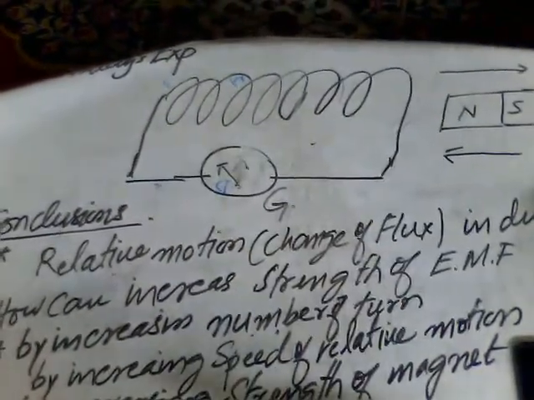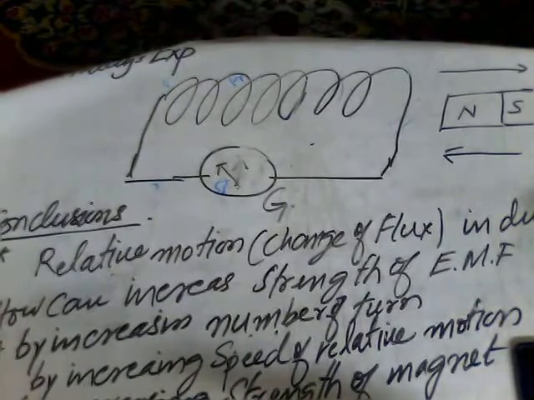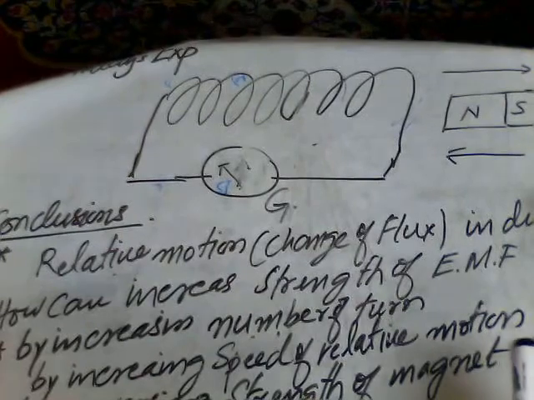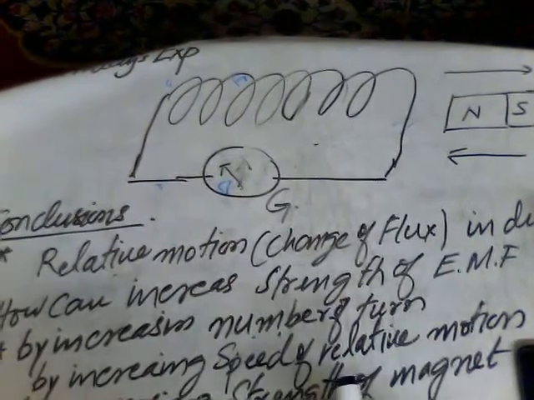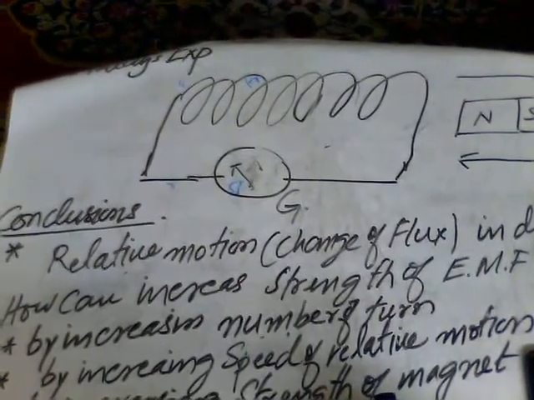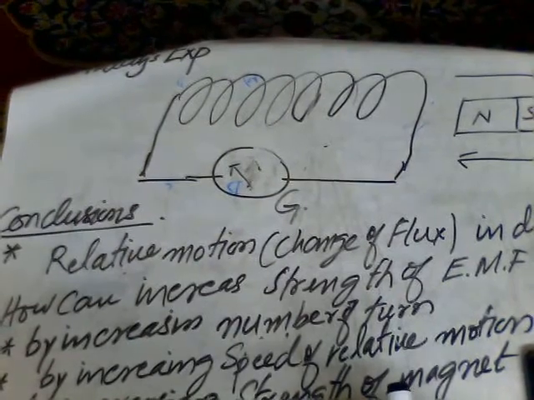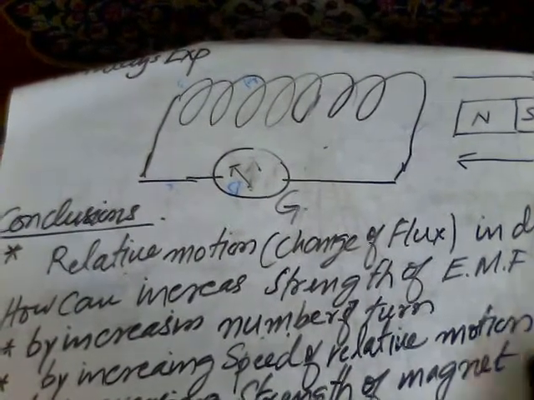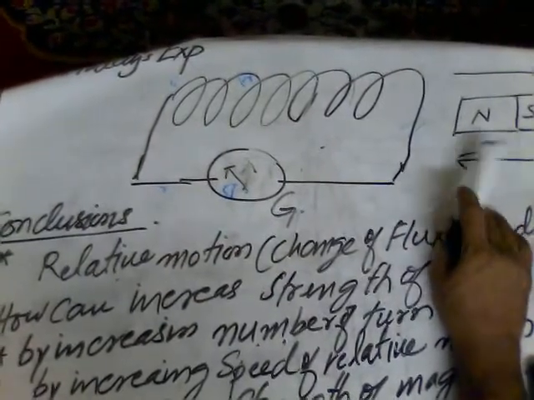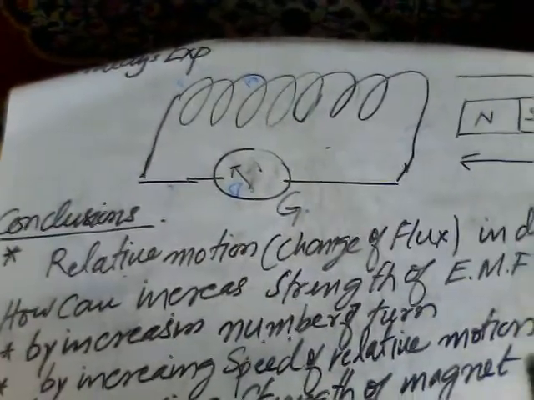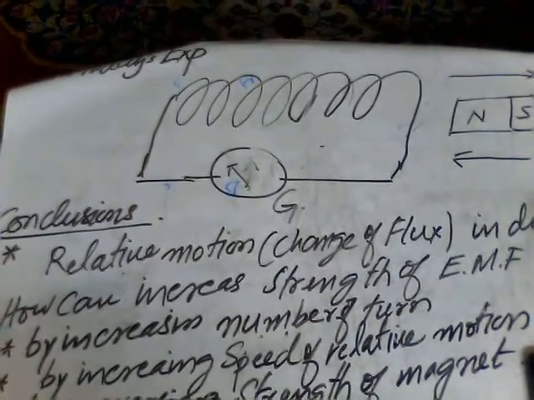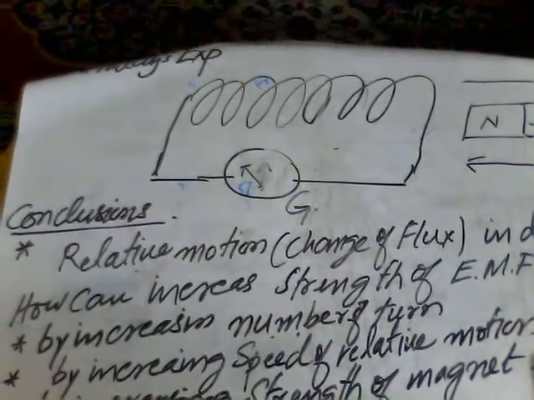By increasing the speed of relative motion of the magnet or the coil, the strength of EMF also increases. The third thing is increasing the strength of the magnet. If we increase the strength of the bar magnet, it will also increase the EMF.